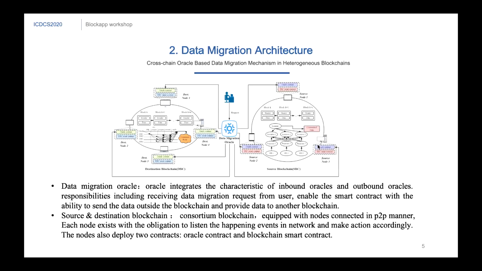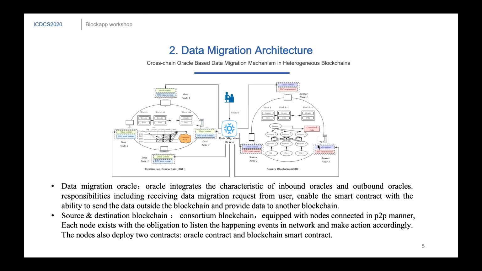The data migration oracle integrates the characteristics of inbound oracles and outbound oracles. Responsibilities include receiving data migration requests from users, enabling the smart contracts with the ability to send data outside the blockchain, and providing data to another blockchain.